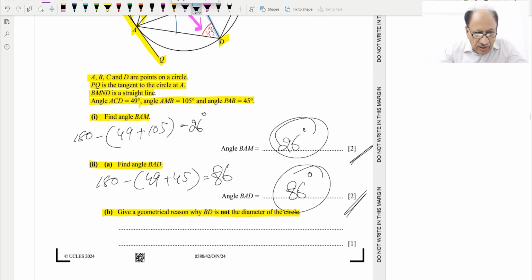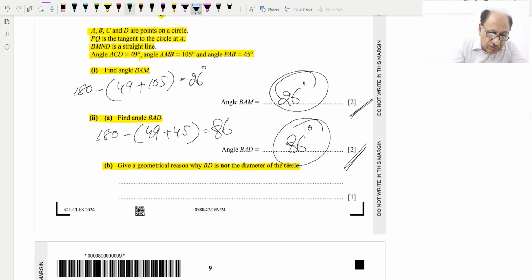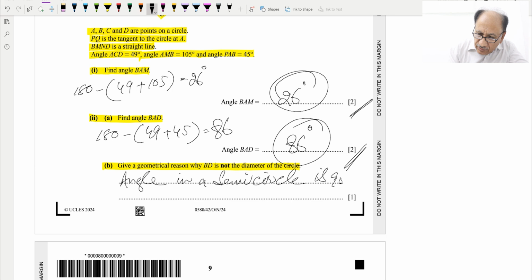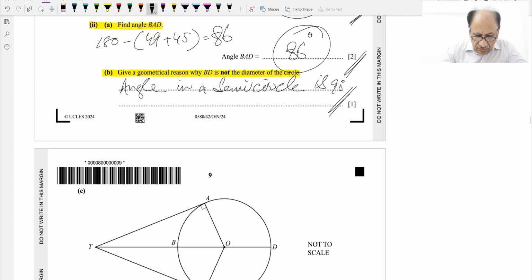So we can say that angle in a semicircle is 90 degrees, which is not true in this case. So we will use the property angle in a semicircle is 90 degrees. So this will be the thing which we'll be using and saying it's not a diameter.